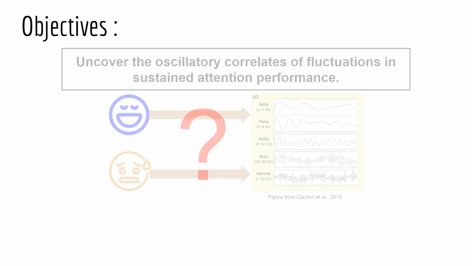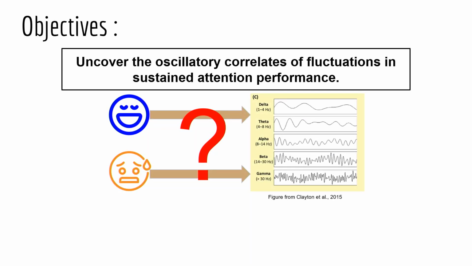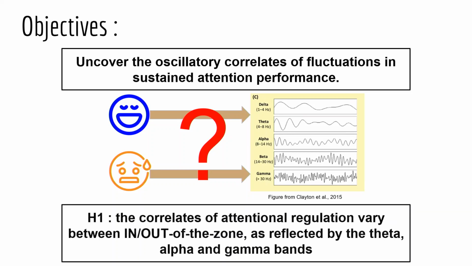So now we can ask ourselves, what are the oscillatory correlates of these fluctuations in sustained attention? Based on the previous literature, we can pose the hypothesis that these fluctuations will be related to differences in theta, alpha, and gamma band activity.